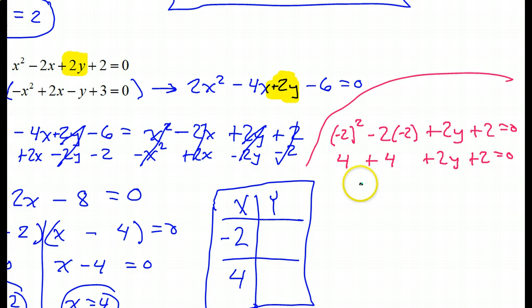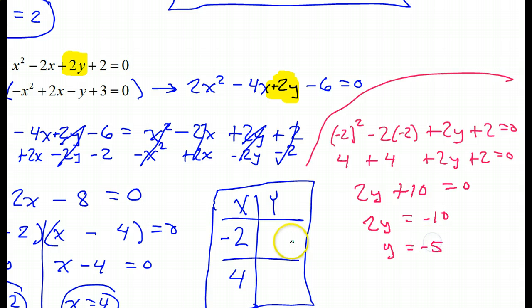Actually, let me just do this all at once. 8 plus 2 is 10, so a total of 10 there. So that's going to give me 2y plus 10 equals 0. Subtracting 10 from both sides, I have 2y equals negative 10. Dividing by 2 gives me y equals negative 5.